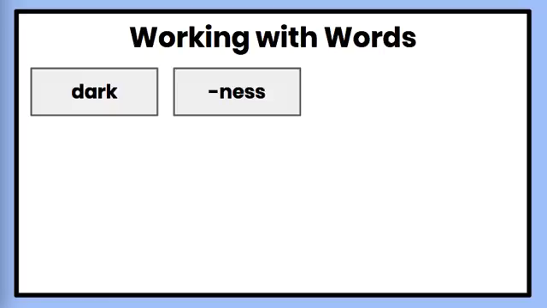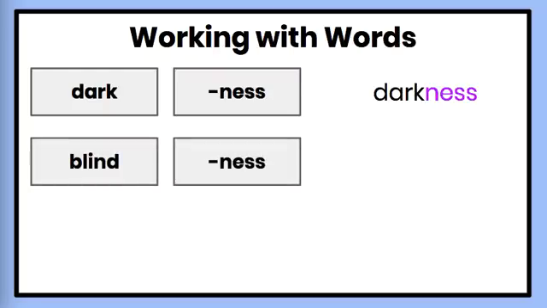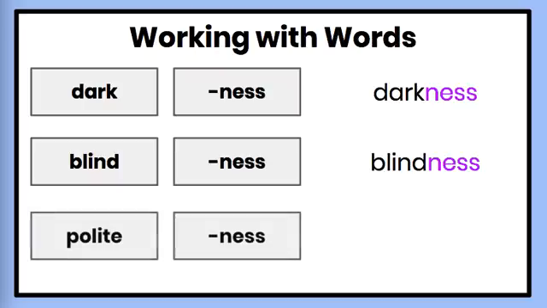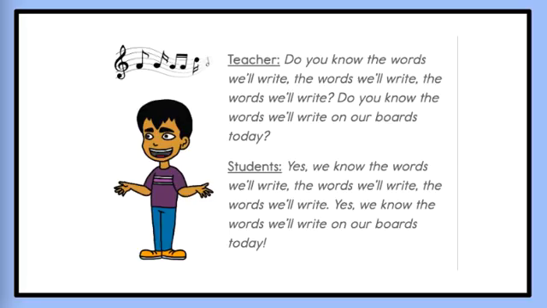Now let's work a little bit more with our suffix ness. Base word dark, suffix ness, darkness. Blind, ness, blindness. Polite, ness, politeness. Great job.